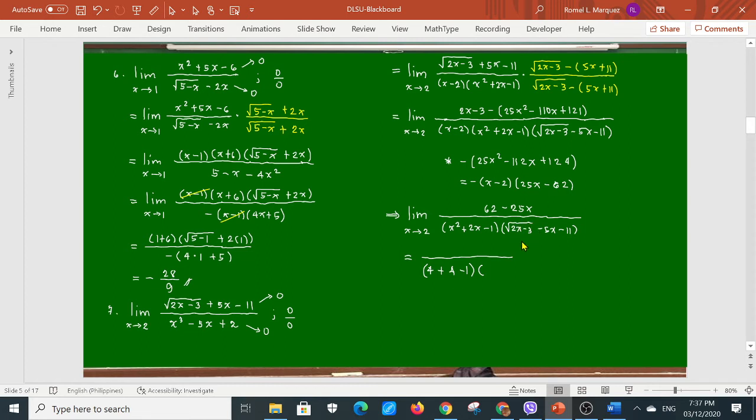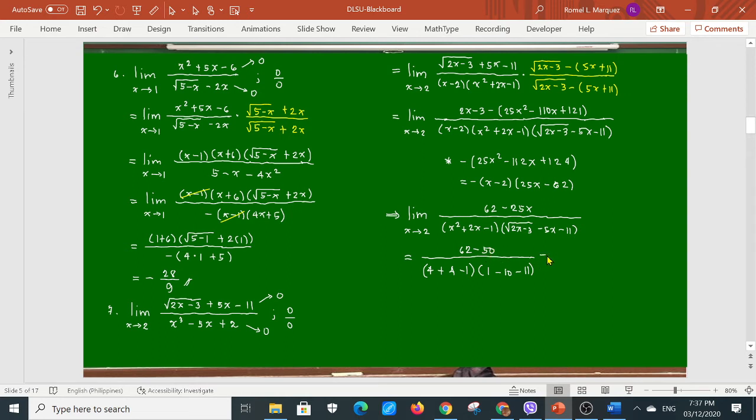What's the limit of this radical? 1, no? What's the limit of this negative 5x? 5. Ay, sorry, 10. Is that 10, no? Okay. Magre-react kayo pag may mali ako. Minus 11. Kasi ang liit ng screen, it's hard for me to look at the screen. 62 minus 25 times 2, 50.